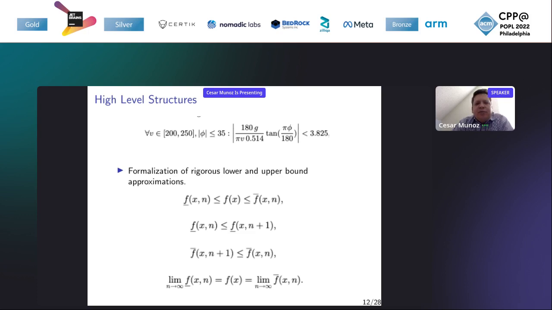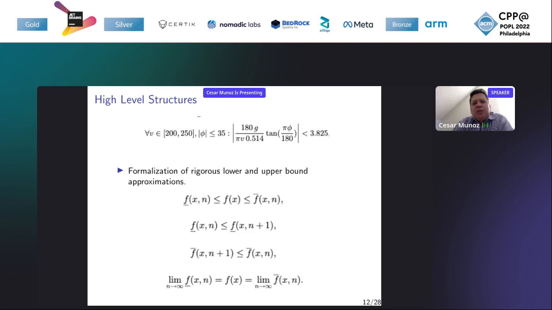Anyway, we have to prove this formally in order to finish our verification, and the way that we did this proof at that time, we introduced lower and upper bound approximations for the trigonometric functions, and those lower and upper approximations have an iteration, and as we increase that iteration we get a better approximation, and at the limit we get the value.